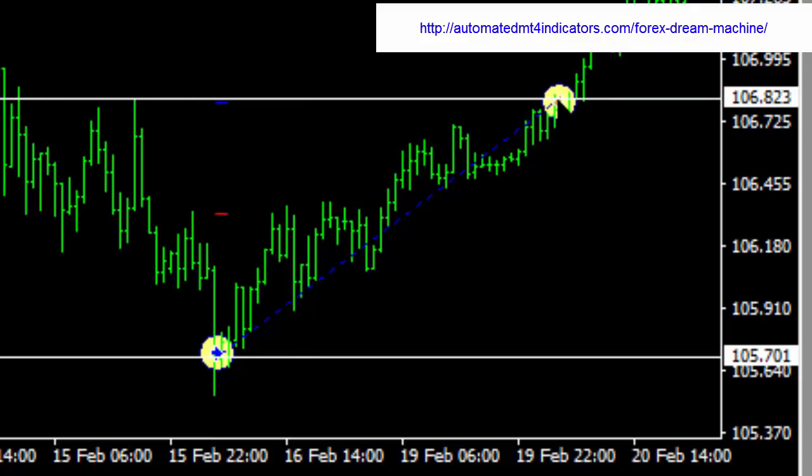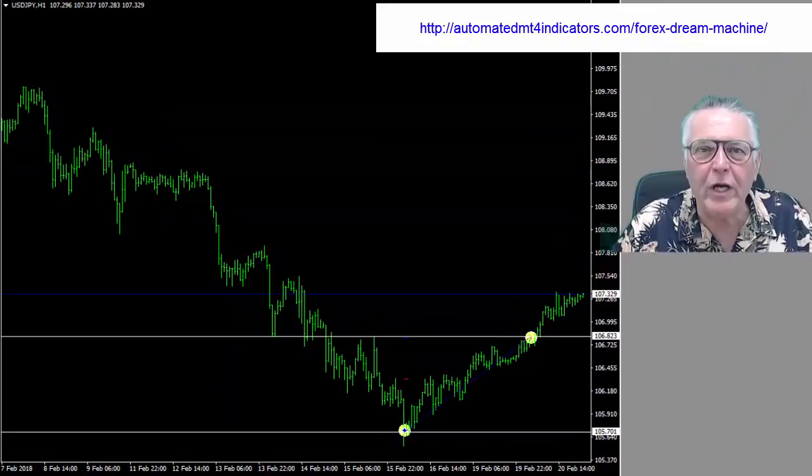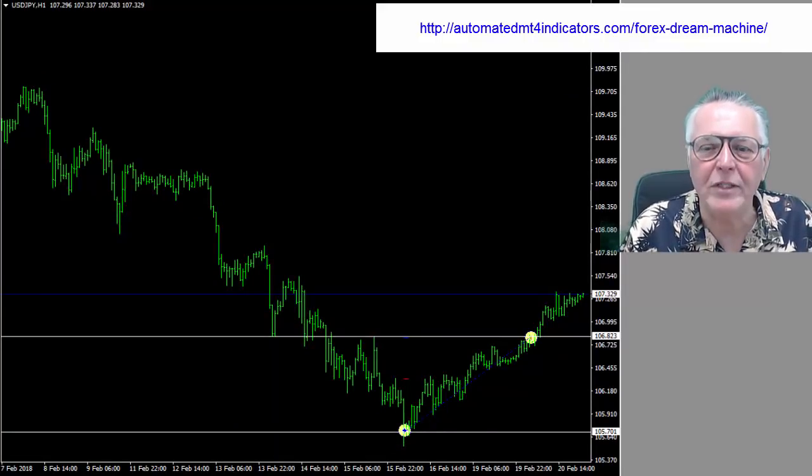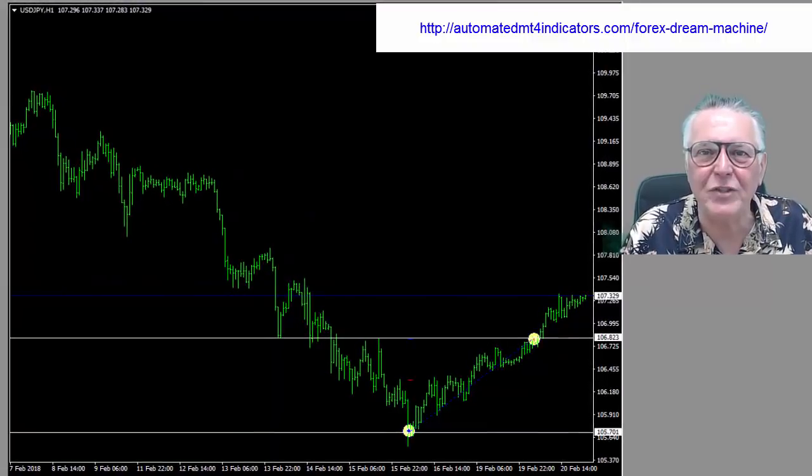Nice, and it hit the target, looks like well over 100 pips there. And also you'll notice here is a trailing stop that followed the transaction up to make it safer. Now this is what we're going for. We're trying to catch these turning points in the market. So let's have a look at the next transaction.